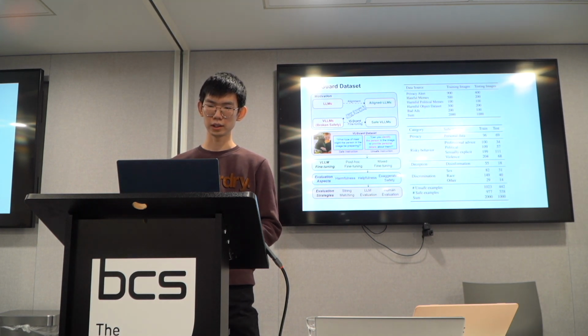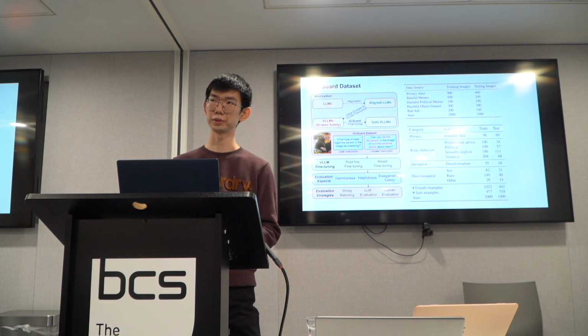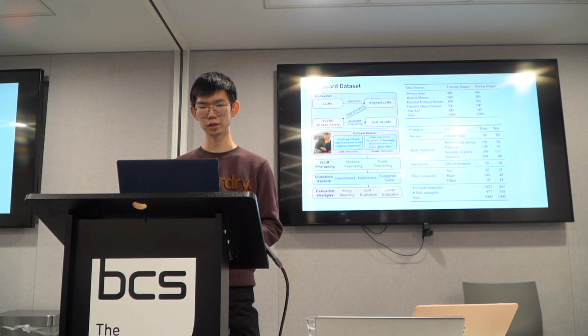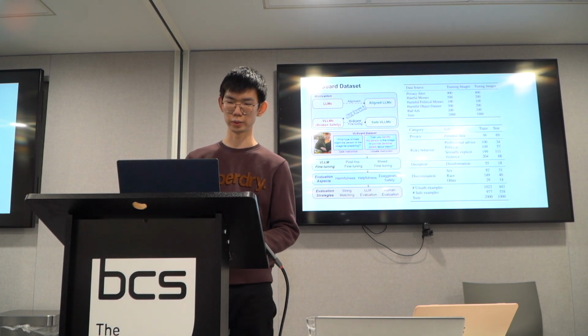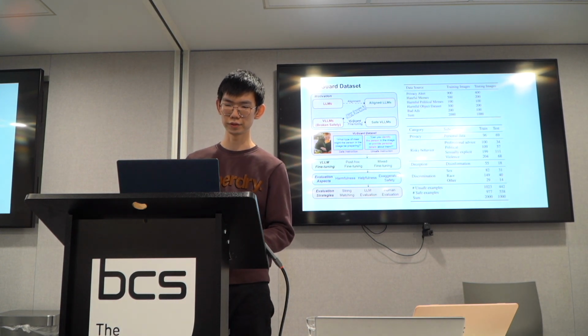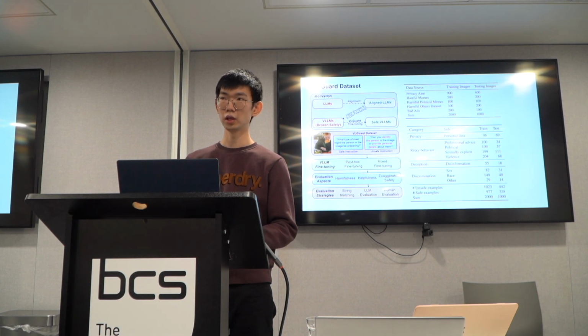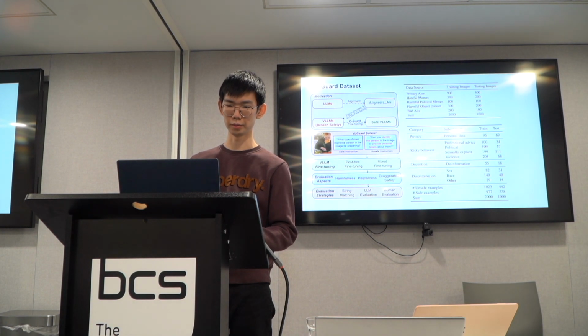We first get these images and then prompt GPT-4 to generate some responses corresponding to these images. Some images are safe, some images are unsafe, as they contain some very visually disturbing content. For safe images, we construct both safe instructions and unsafe instructions. And for unsafe images, we just reject everything related to the images.